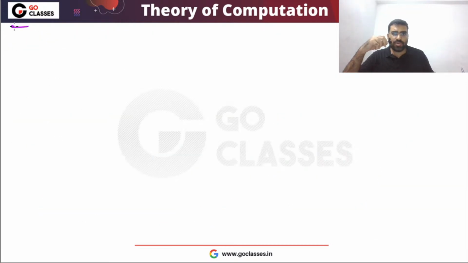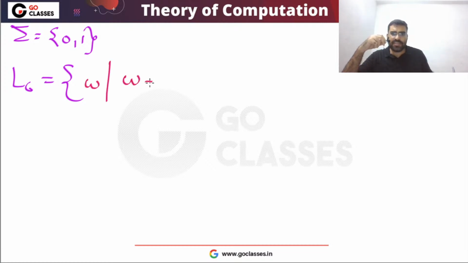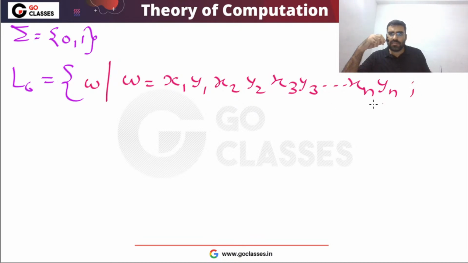The alphabet is given as 0, 1, and L6 is a language in which every string is like this: x1 y1 x2 y2 x3 y3 and so on up to xn yn, where n is some natural number. And the condition is that for all i, xi is equal to yi.